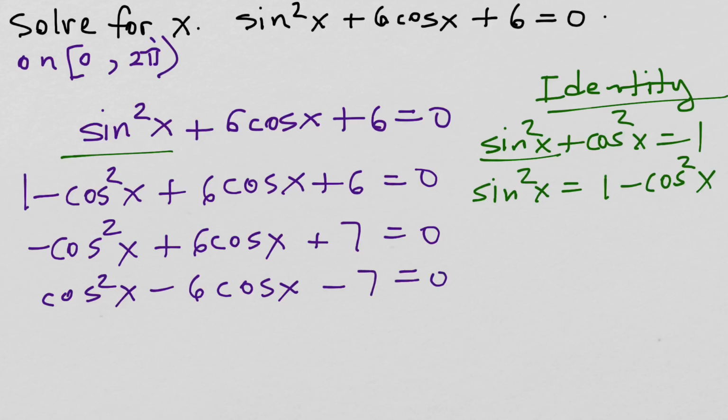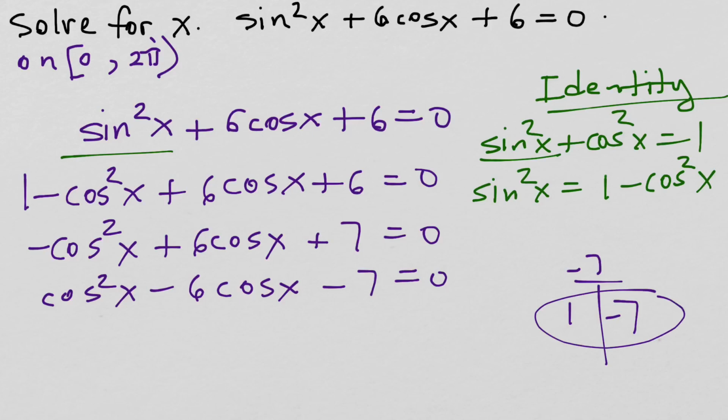So now I've got a 1 as my leading coefficient, and I've got a 7. 1 times negative 7 is my multiply. There's only one way to multiply to give 7, and they have to add up to give you negative 6. I need 1 negative, so 1 negative on the 7.